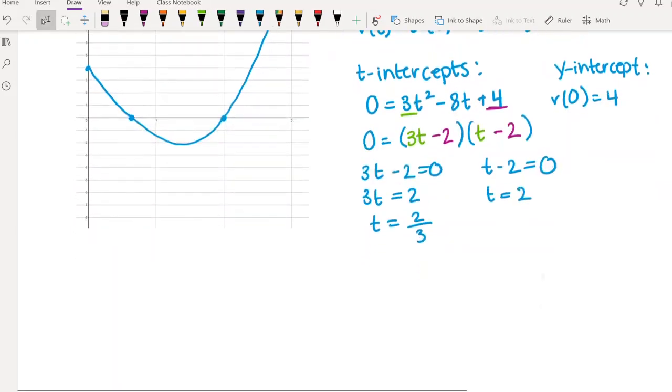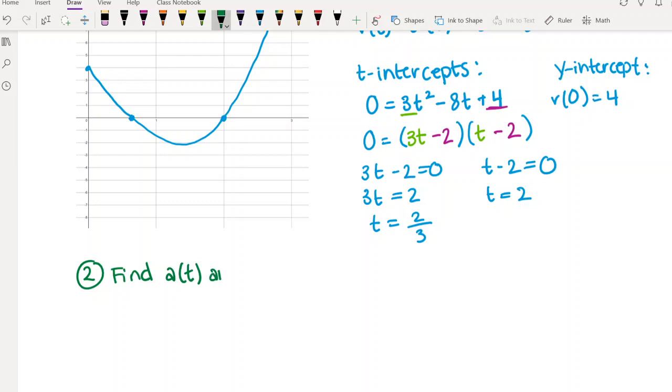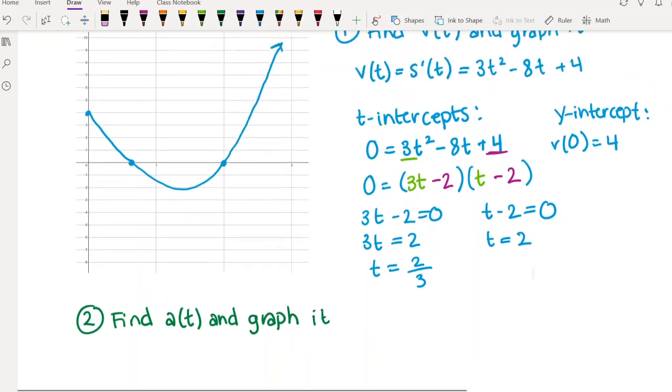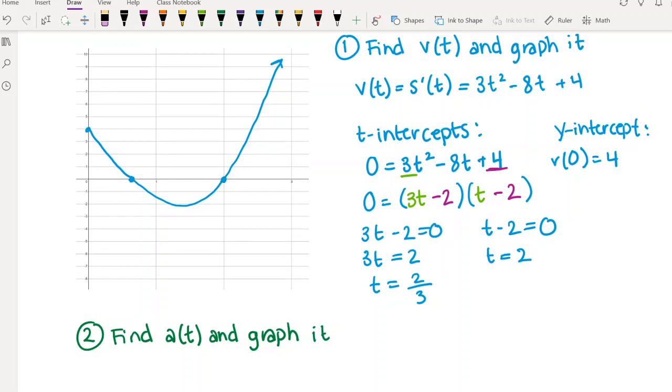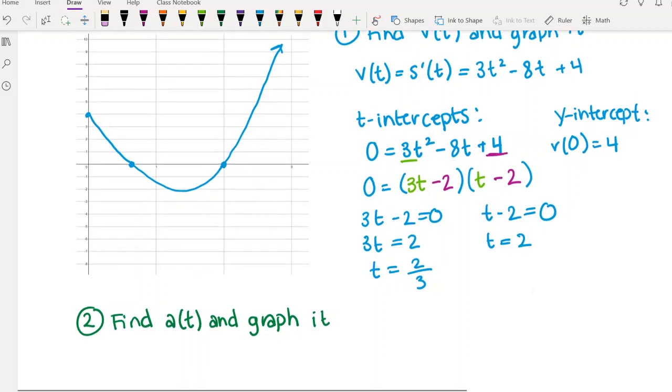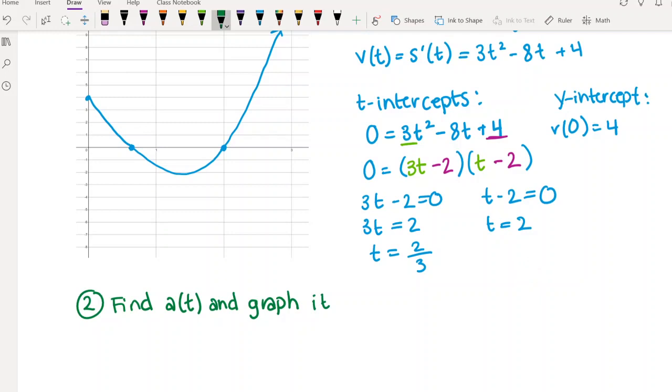Okay, so let's now find the acceleration function and graph it. Sorry, I'm struggling to find my eraser button. There we go. Okay, so our acceleration is going to be the first derivative of the velocity, right? So we just want to take the derivative of that velocity function.